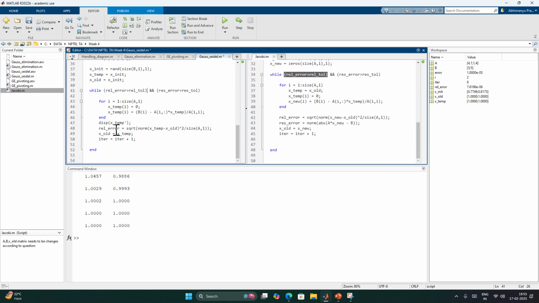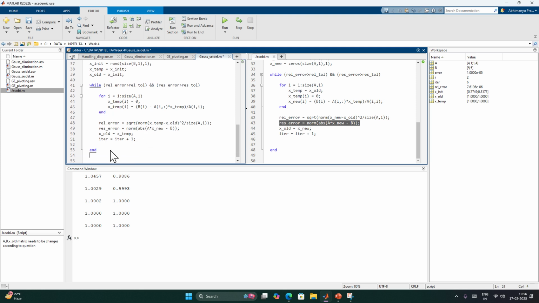So this is correct. I will need to add this line of code. Fine. I will stop the display and I will just display the number of iterations.